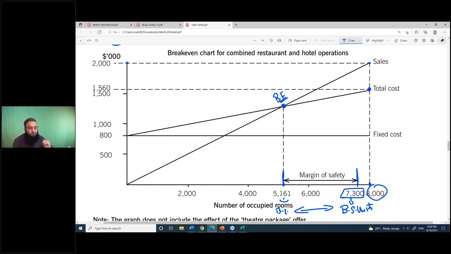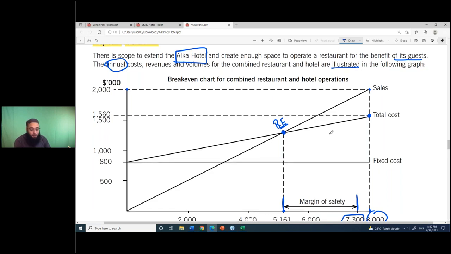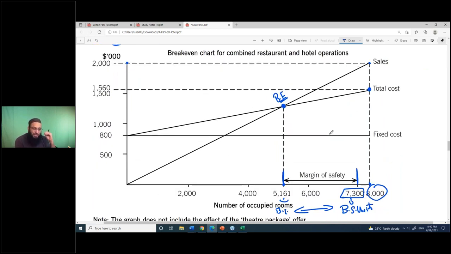Remember, this 8,000 is an example, an illustration, but your actual estimated budgeted sales that you are planning to achieve is 7,300. And this is how they have worked out MOS here. Got it?